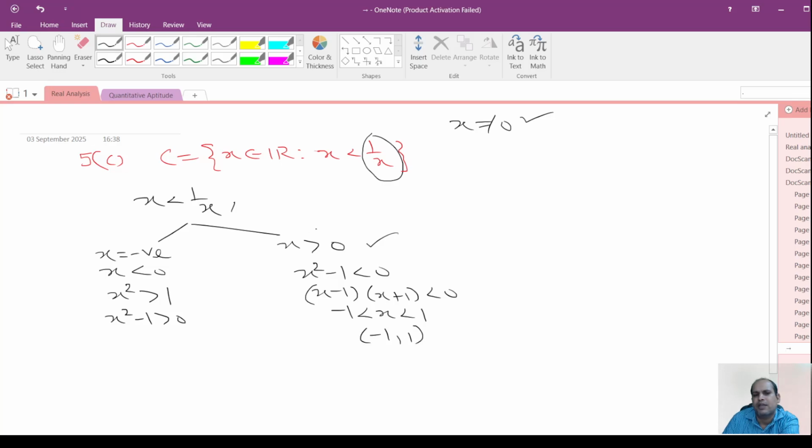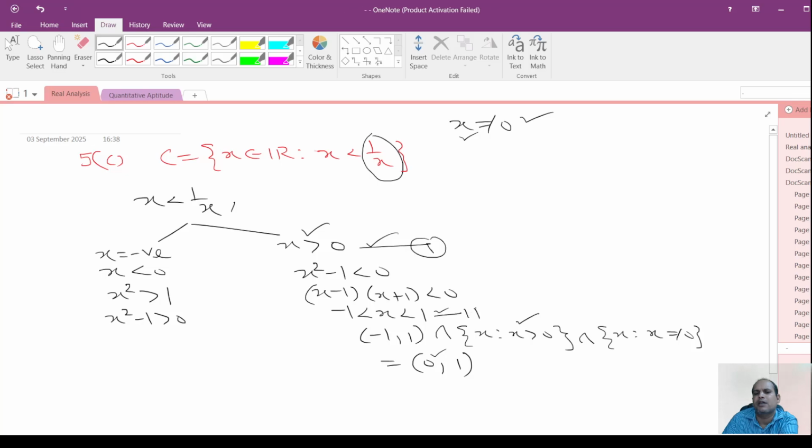But since x is greater than 0, after taking its intersection with all x such that x is greater than 0, and also x not equal to 0, we get the right part of this one, that is the open interval 0 to 1, because we do not have to take x equal to 0; this restriction is already there, and from the intersection of the first, second and third.